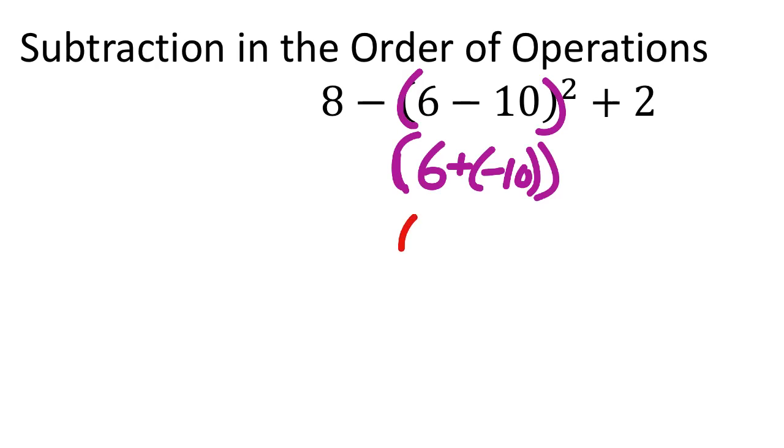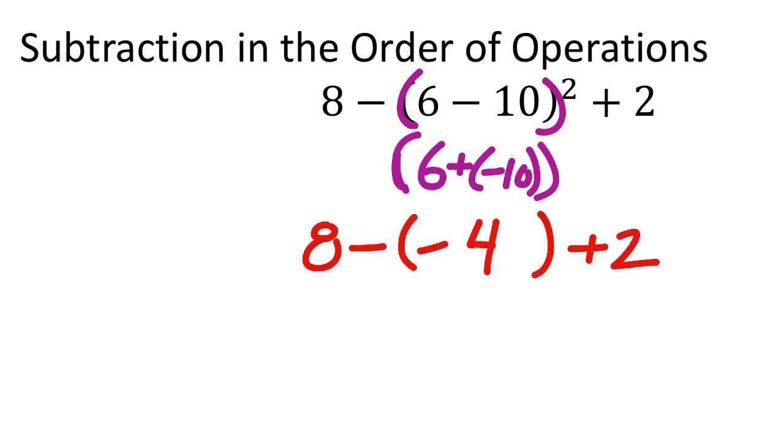Now, on this part of the problem, I have adding opposite signs, and there's more negatives than positives. So I do 10 minus 6, which is 4. So the new problem now, 8 minus negative 4 plus 2. Oh, I forgot my square there. There we go, to the power of 2.